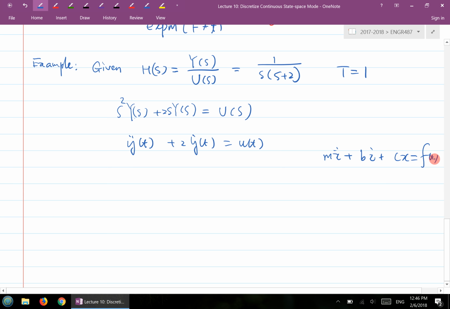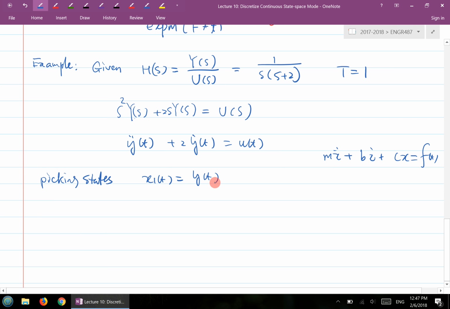For this kind of system, we pick our states purposely, not randomly. So we pick x1 of t equal to y of t.